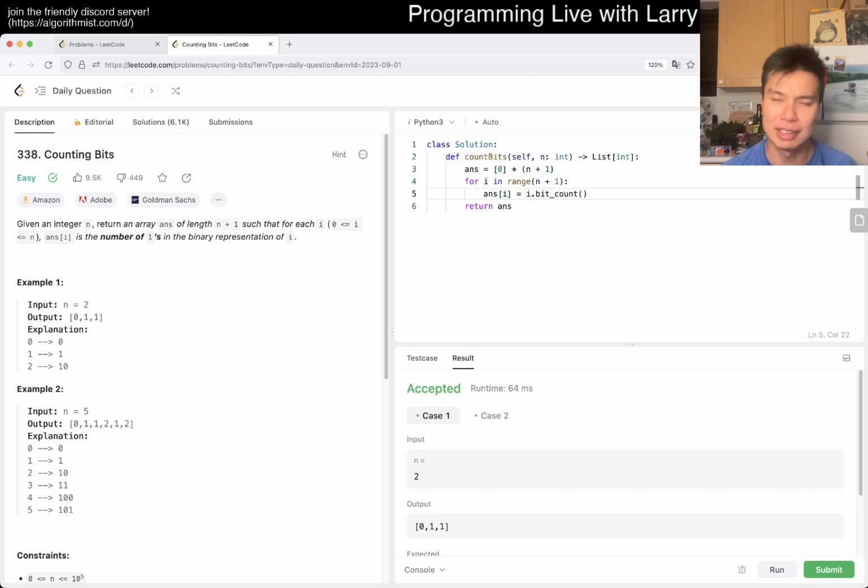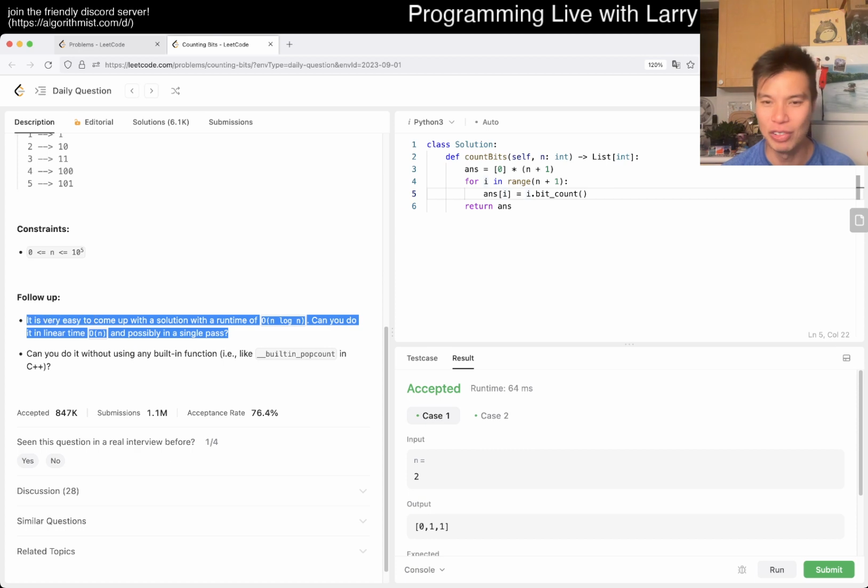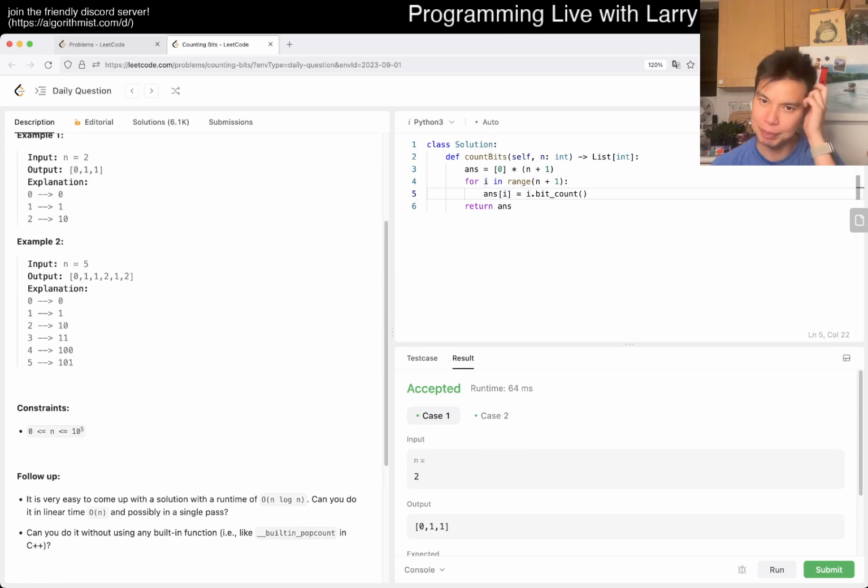Another idea is just dynamic programming, which is a little bit of a tricky thing, even though that's a follow-up and they don't really rank on the follow-up. But the idea here is that you could take either the most significant bit or the least significant bit, but the least significant bit is much easier, because then you can do something like plus i mod 2 or something like this.